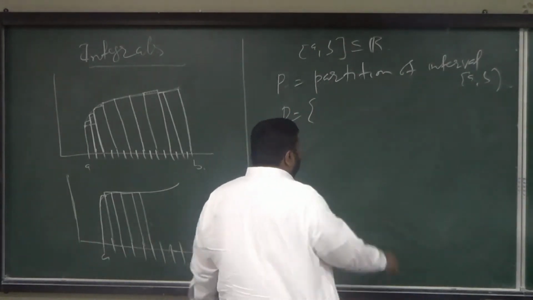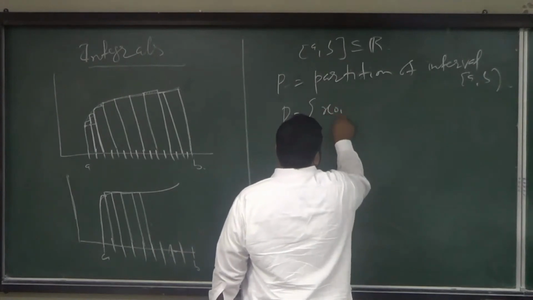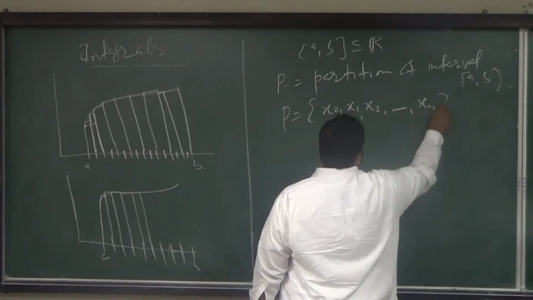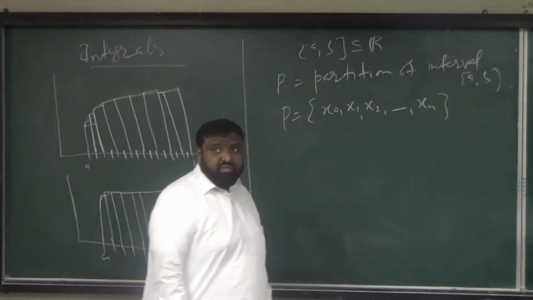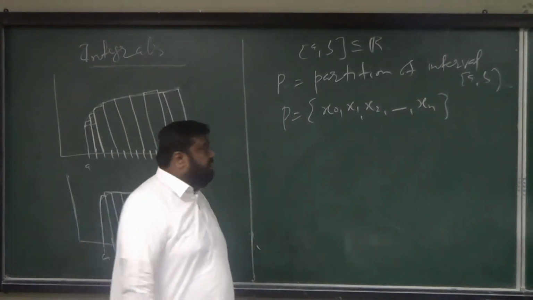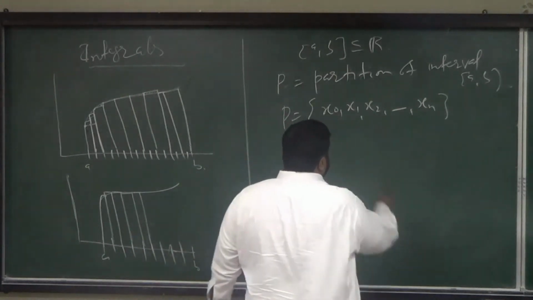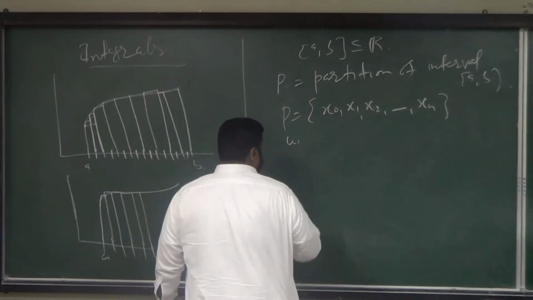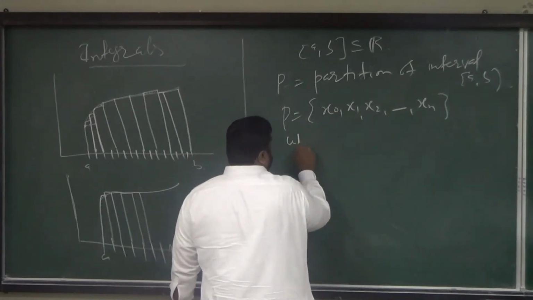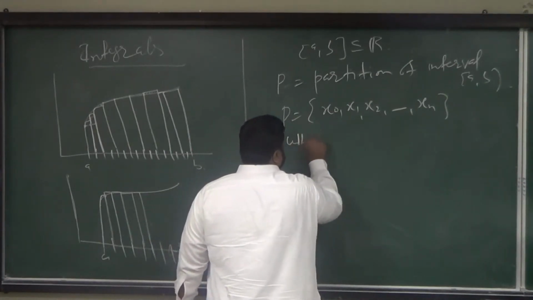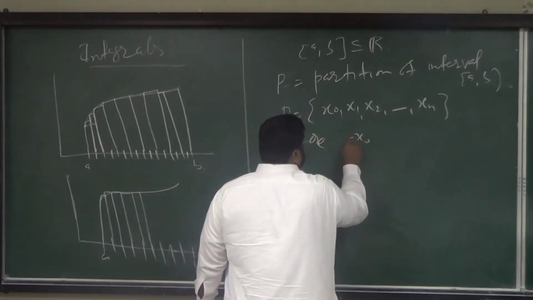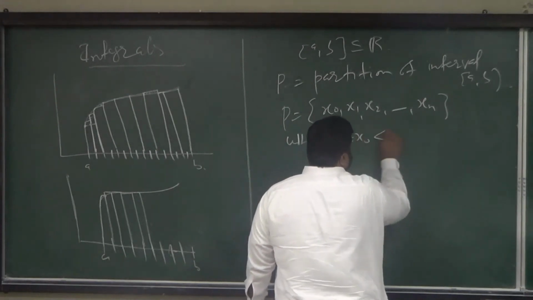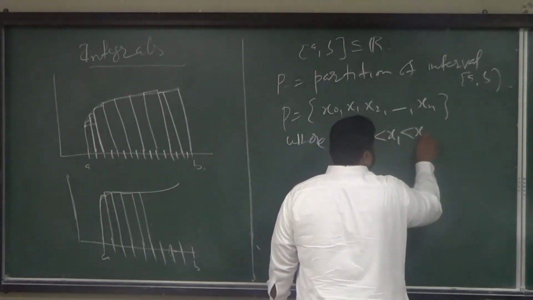This set contains points, a finite set, which gives the interval a partition at these endpoints. What are these x naughts? x naught is a, which is one point, and all these points are strictly less than each other.